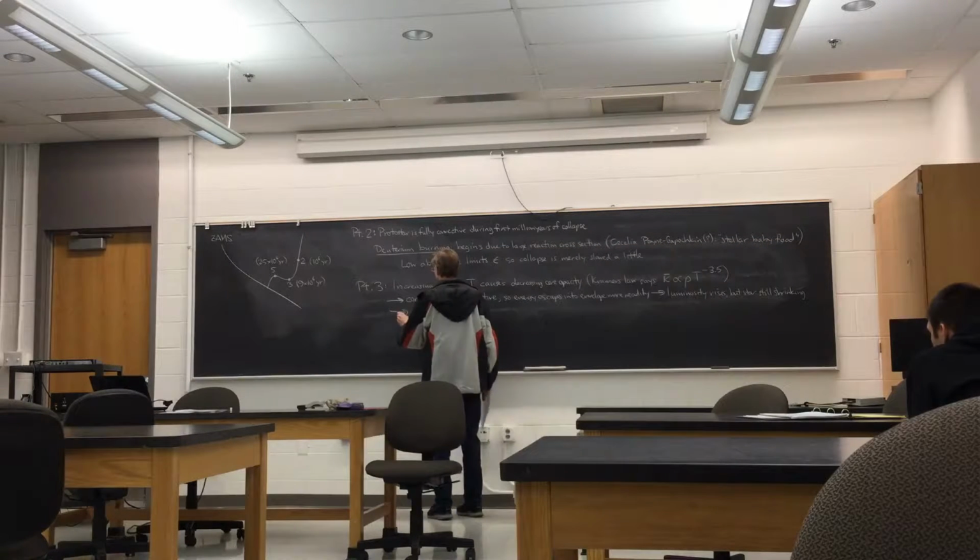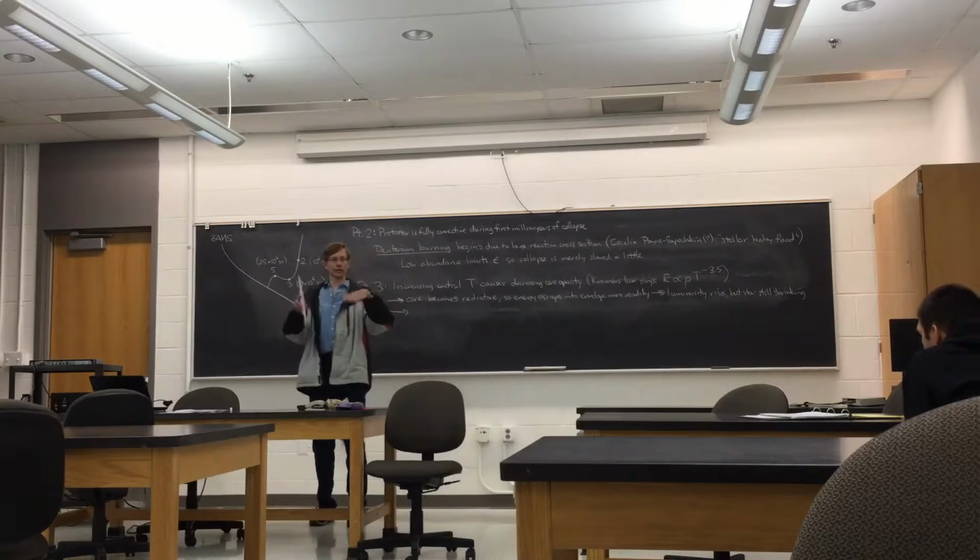So if L is going up and the star is getting smaller, it has to be that the surface temperature is rising, right? Because 4 pi R squared sigma T to the 4th is the luminosity.